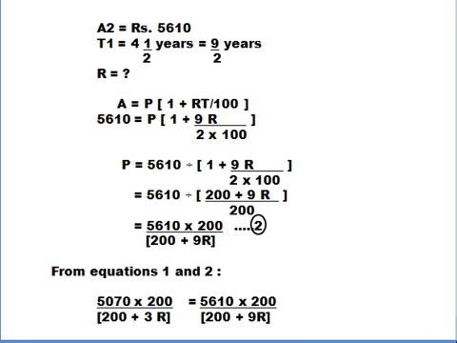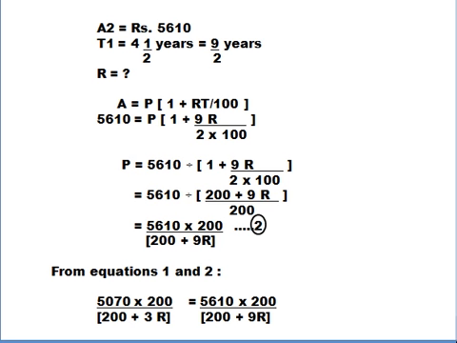Now moving on to case number 2, the second case, when the principal is still P and the second amount is given as rupees 5610. Time is given as 4.5 years, so it becomes 9 by 2 years. Here I have mentioned T1, actually it is T2. Now rate we need to find. So remember P and R in both the cases are same, so I am taking the values as P and R respectively.